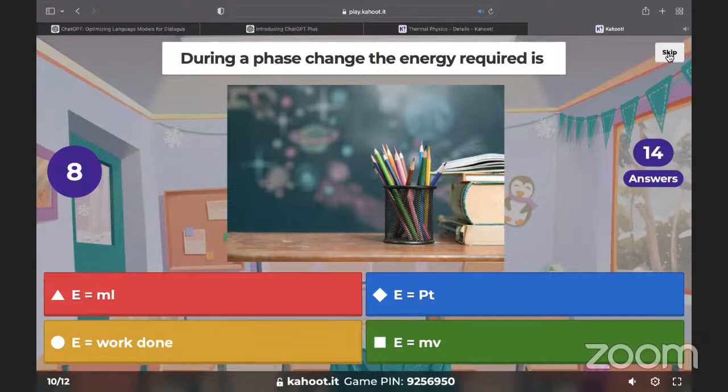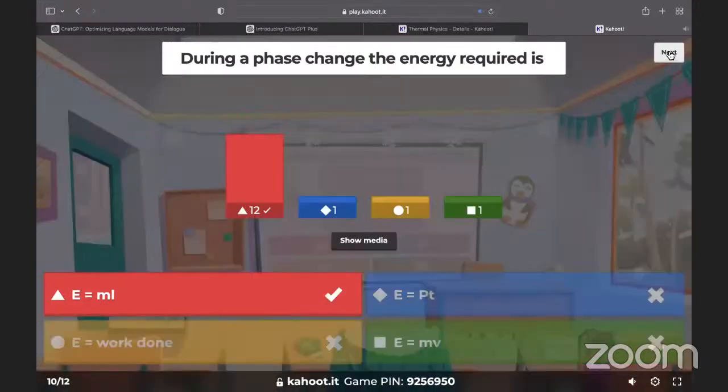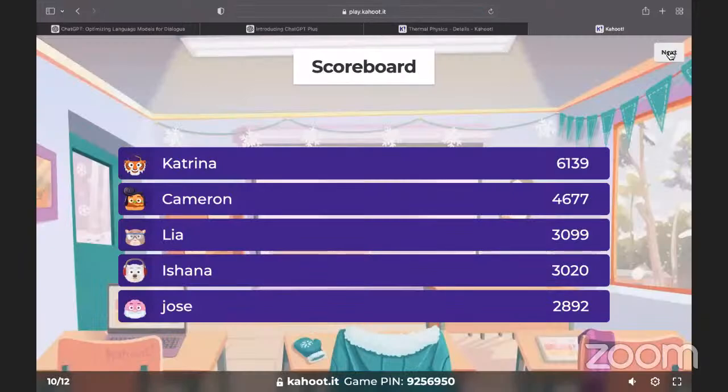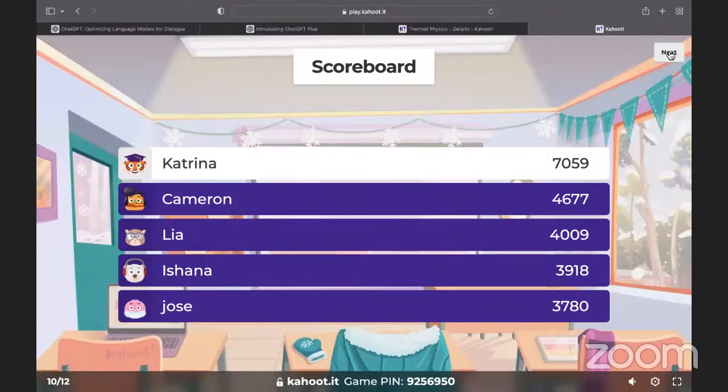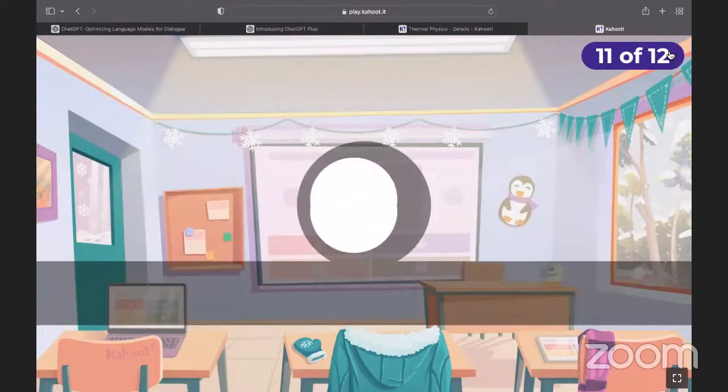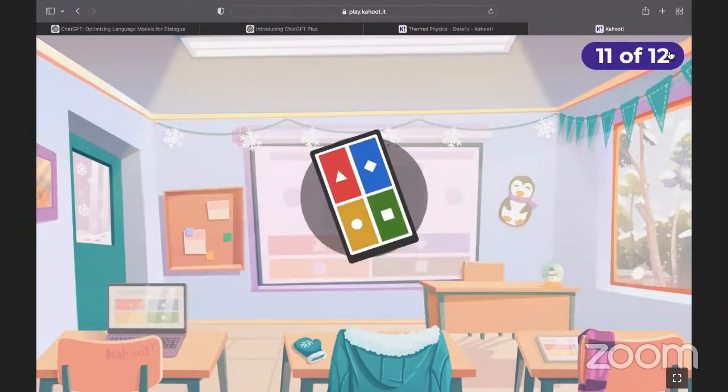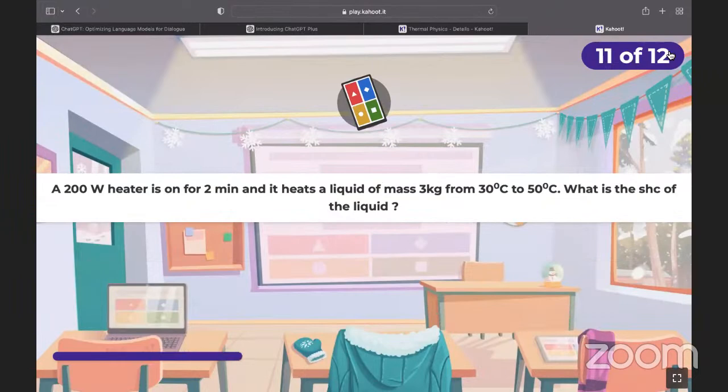All right, now better than the others. Katrina and Cameron close. That's the closest. Double points, so probably a calculation, right? Hurry up. Woo, this one is hard.